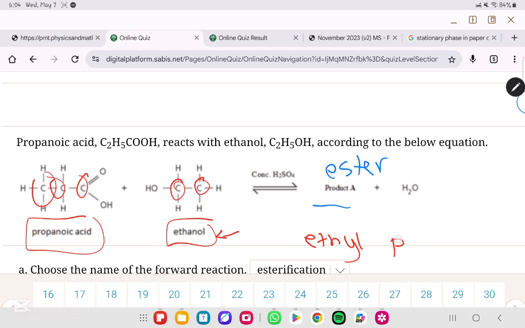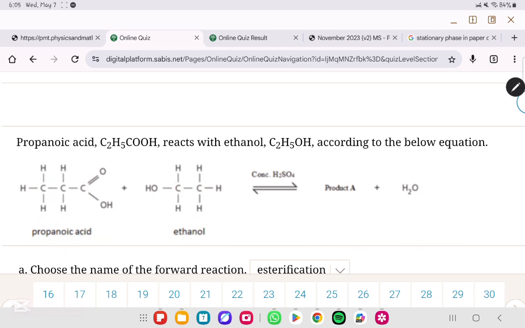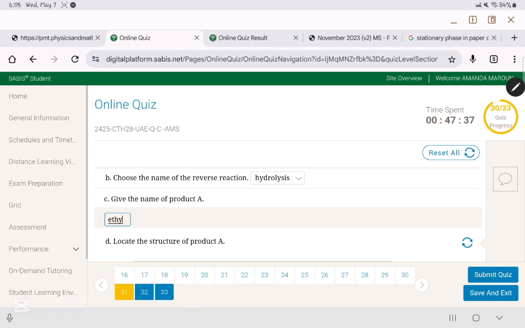So it's going to be prop, and then the suffix is anoate. So it's ethyl, the number of carbons of the alcohol plus yl, propanoate, the number of carbons of the acid plus anoate. So it's ethyl propanoate.